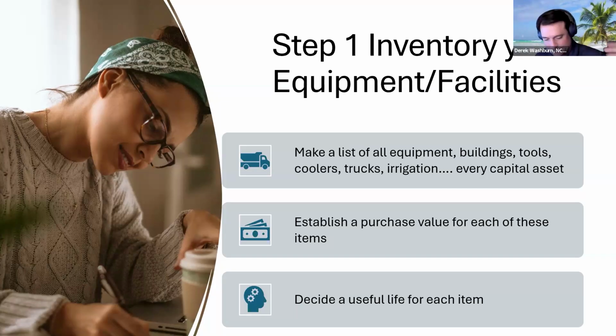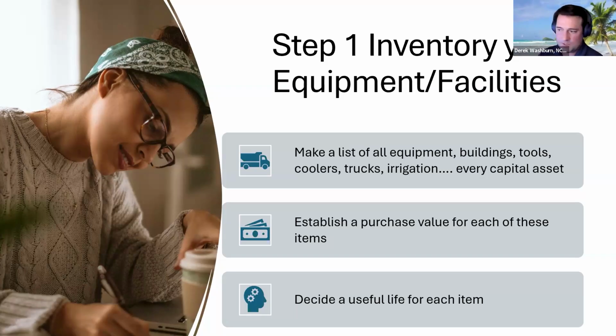You have trucks, tractors, tools, high tunnels, maybe greenhouses, a starter house. All of these things are being utilized in your operation and probably are distributed across all the crops at some percentage. What I'm about to show you is a method that maybe simplifies how you could come up with some more precise cost for equipment and facilities on your farm.